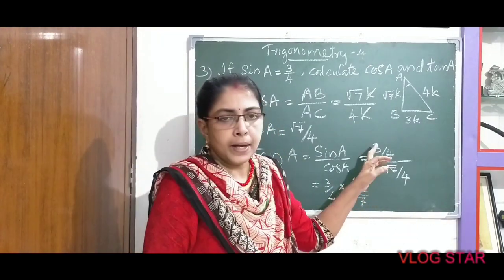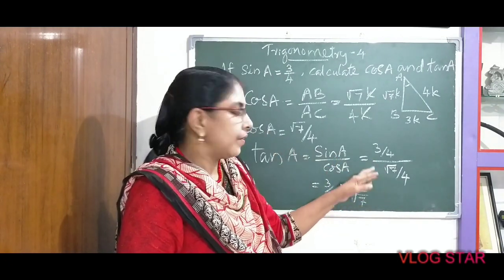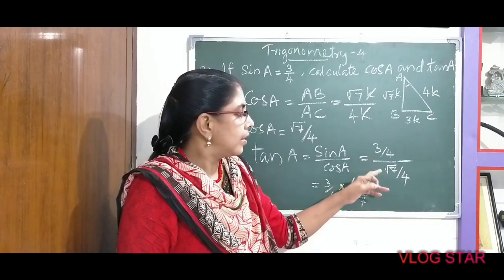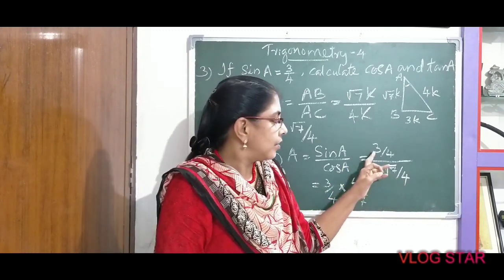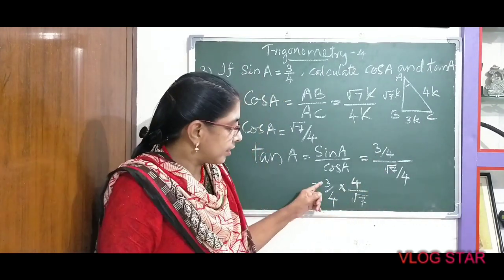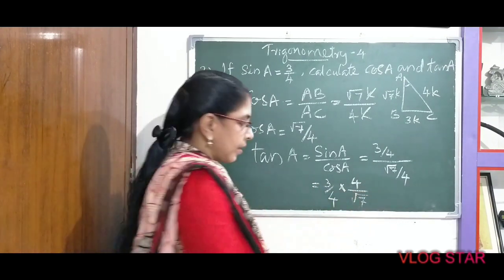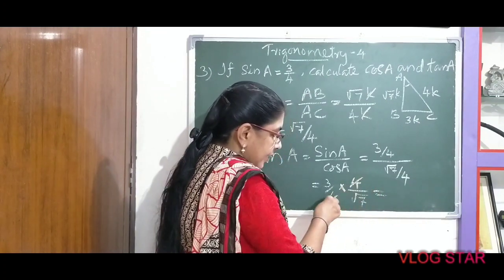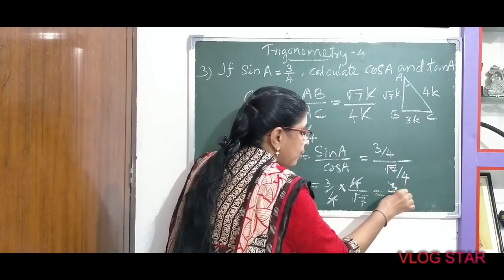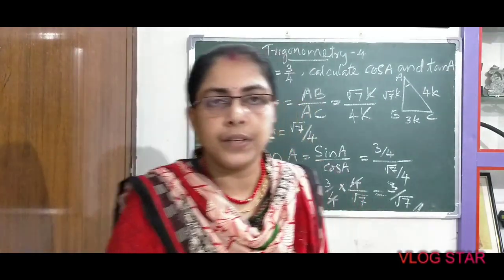Because when dividing two fractions, we multiply the first fraction, 3 by 4, by the reciprocal of the second, which is 4 by root 7. The 4 and 4 get cancelled. Then the value of tan A is equal to 3 upon root 7. Now the first question is over.